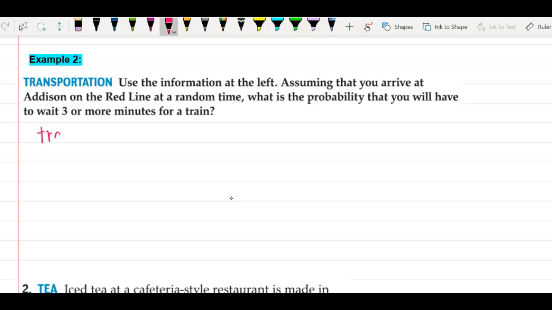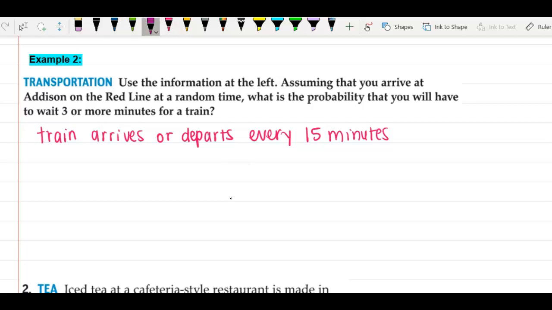So the train arrives or departs every 15 minutes. Okay, so if we were going to make that sort of like a timeline like you might do in history class, every time 15 minutes hits, a train shows up and a train leaves.